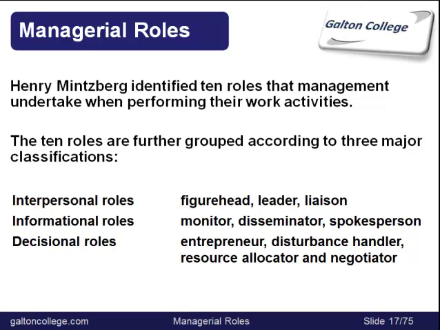These are the entrepreneur, the disturbance handler, when something goes wrong, handle the disturbance, handle the issue. The resource allocator, somebody who can efficiently use the resources that are available. And the negotiator, when something goes wrong in the workforce, between the workforce and management, or even between a supplier and the business.